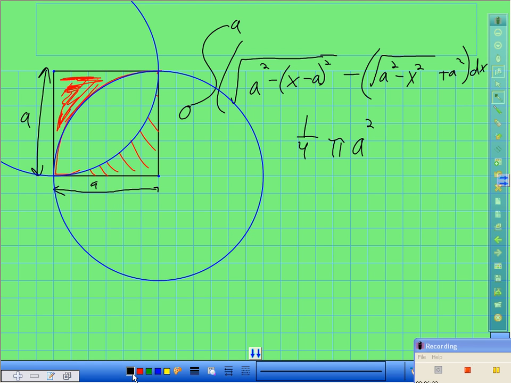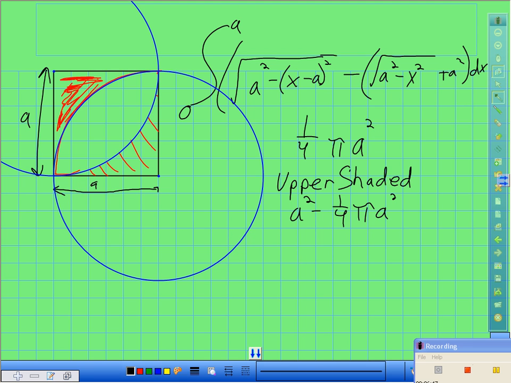Agreed? So this area, I'm going to call this the upper shaded. It's just going to be A squared minus 1/4 pi A squared. Then that's the upper shaded.